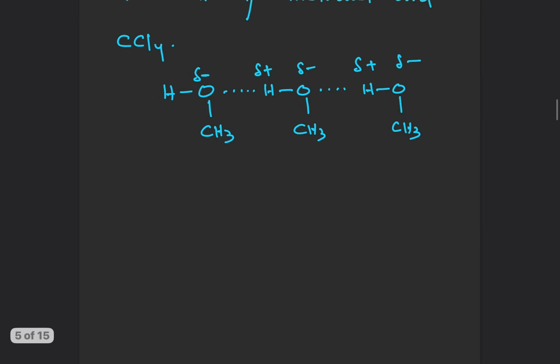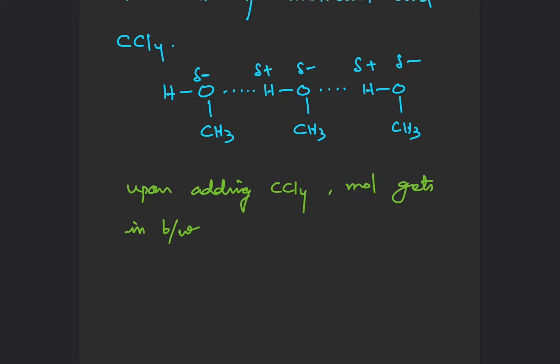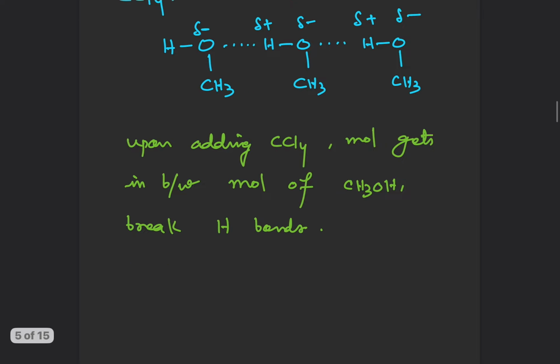Okay, so what happens is, upon adding CCl4, molecules get in between molecules of CH3OH and break the hydrogen bonds and decrease methanol-methanol interactions.